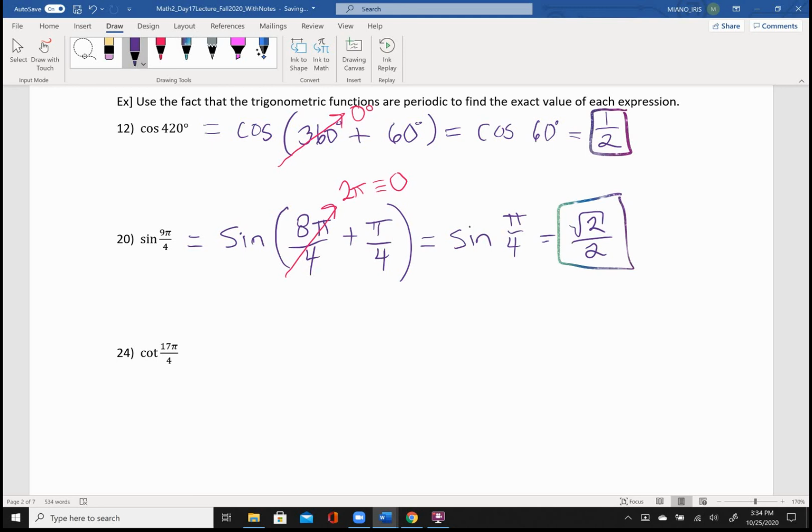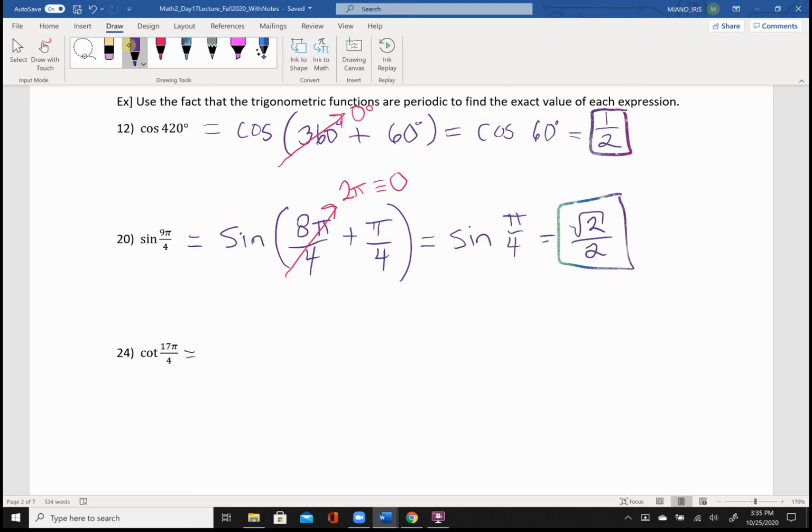Great. Last one, let's go cotangent of 17 pi over 4. Now this one will be a little bit more tricky because the cotangent, first of all, we want to recognize that its period is pi, not 2 pi. So we want to be looking to see how many whole pis we can be separating out here.